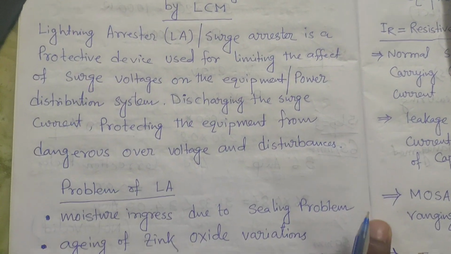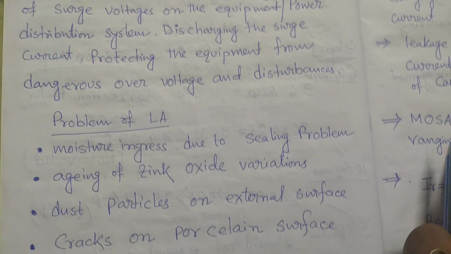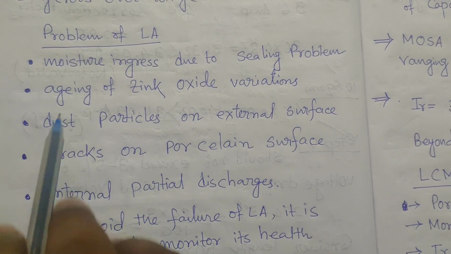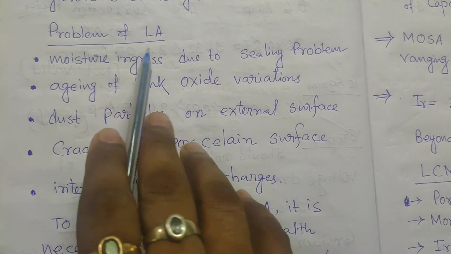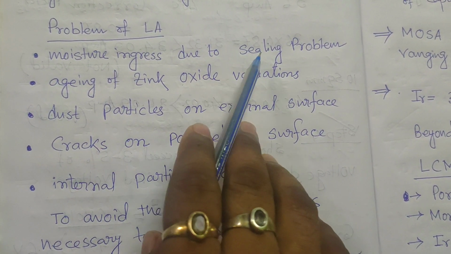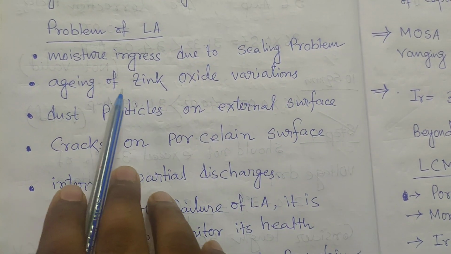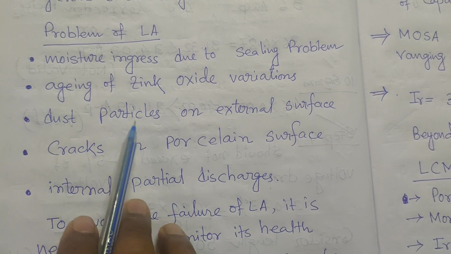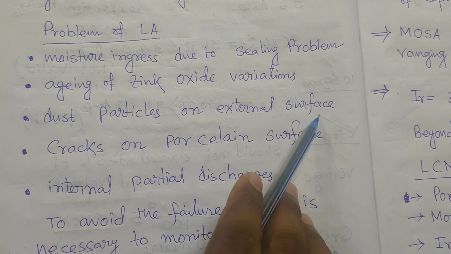So what are the problems by which the LA will be damaged? The first point is moisture ingress due to a sealing problem, aging of zinc oxide varistors, and dust particles on the external surface.